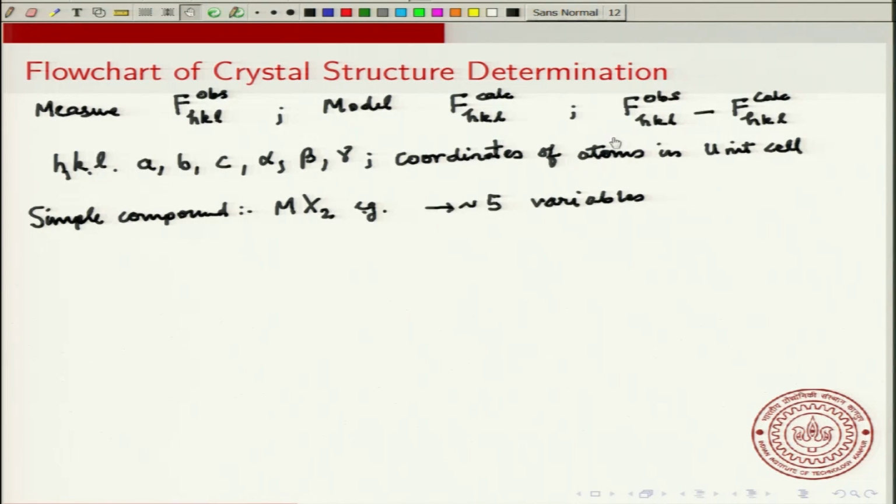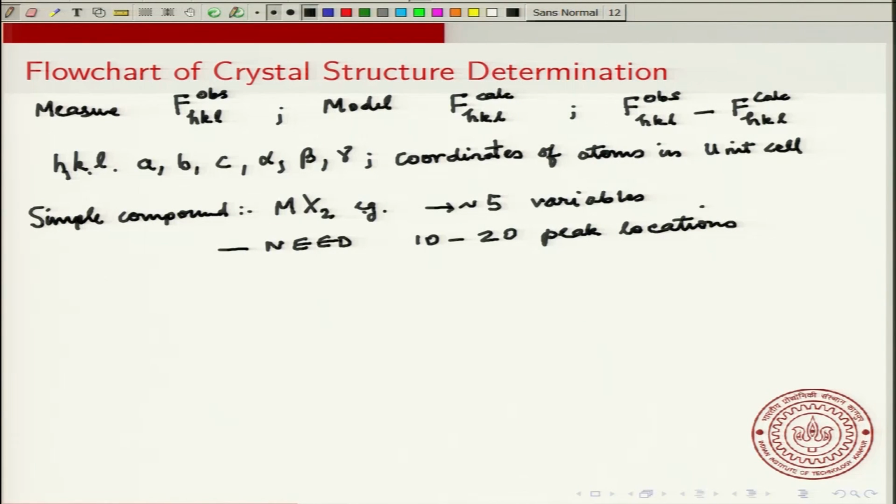you also have to determine the location of the atoms, the coordinates of the atoms. So, typically of the order of 5, maybe 3, 4, 5, 6, something like that. Now, what I want to emphasize is that if you want to determine so many variables, then you need 10 to 20 peak locations.